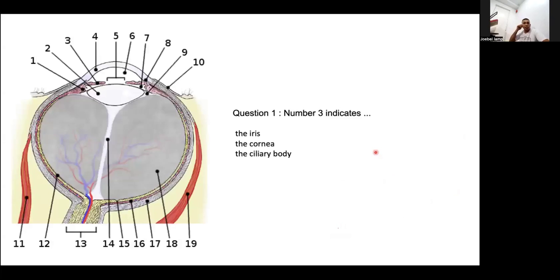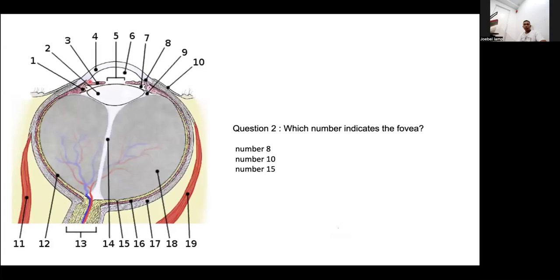14. Now let's go to the eye. What is number 3? Iris. Yes. Fovea. 15. Okay. This one is the fovea. This is the central, where the central vision is generated. Okay.